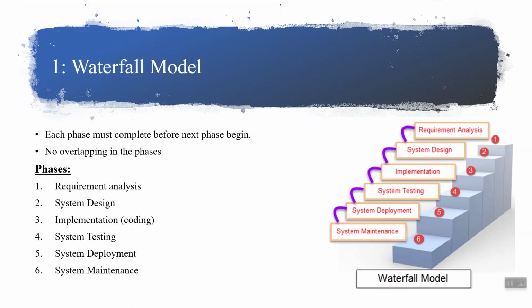So this is called system maintenance. All these phases are cascaded to each other, in which progress is seen as flowing steadily downward like a waterfall. That's why this model is called the waterfall model. As I said, there is no overlapping of the phases. After completing the first phase only, the second phase begins.